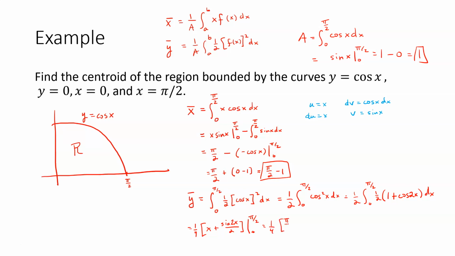So I'll have pi over 2. Sine of 2 times pi over 2, so the sine of pi is 0. And then 0 plus sine of 0 is 0 as well. Okay, so this will just be pi over 8. Okay, so that's the y bar. So my guess is that we get some centroid somewhere around there.